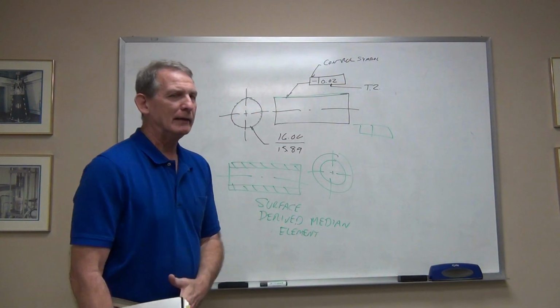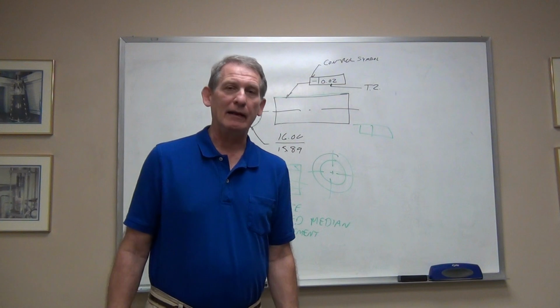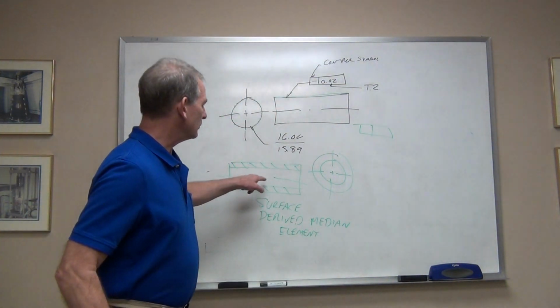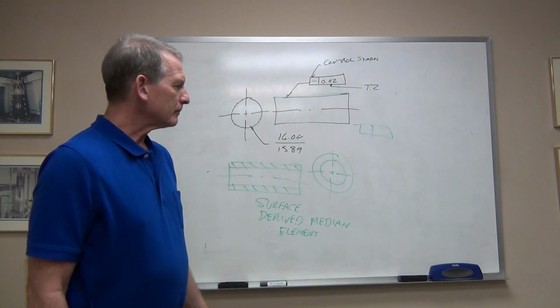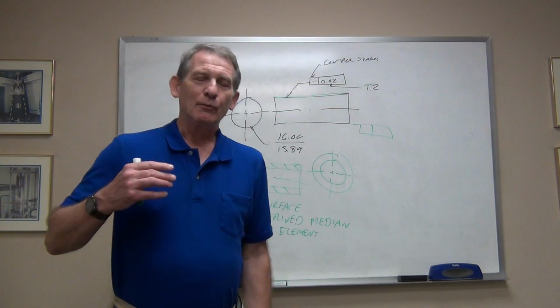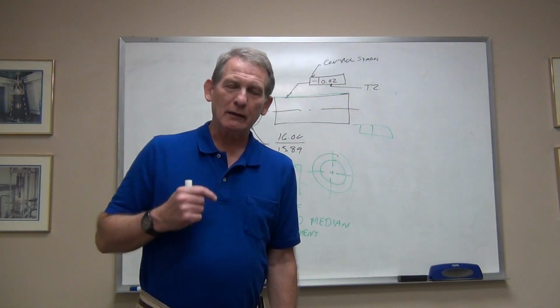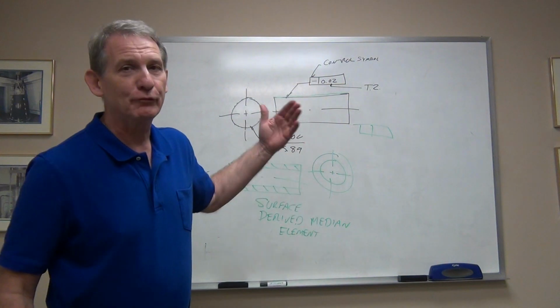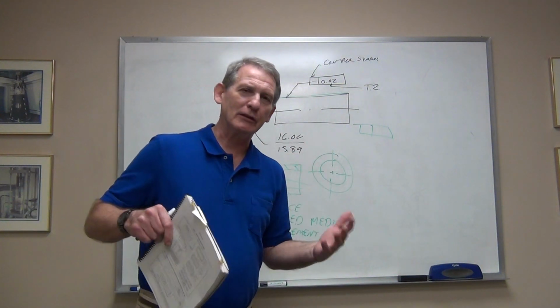The derived median elements, usually not. Usually we can't put our fingers on them, or they don't exist at all. They're simply a concept. And in the case of a derived median element, we're usually talking about just one element. In the case of surface elements, we're talking about usually an infinity of them. So the distinction is clear.